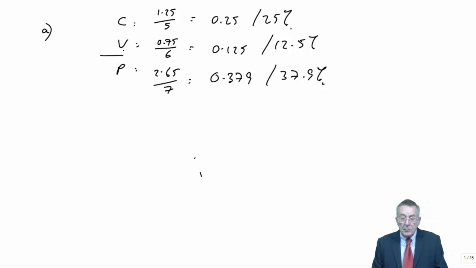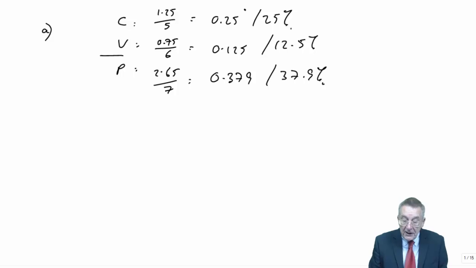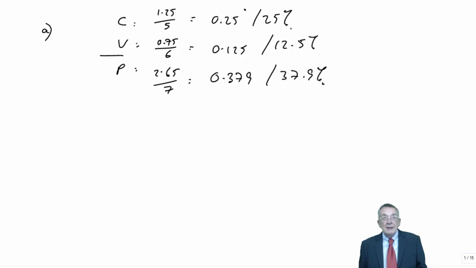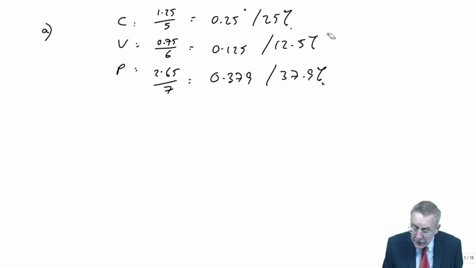Just suppose we only had 2 products, C and V. And suppose we were budgeting that 99% of our sales would be C and 1% of our sales would be V. Well, surely if 99% of our sales were going to be C and only 1% would be V, the overall CS ratio is going to be almost 25%. Whereas on the other hand, if virtually all of our sales were in fact of V and very few of C, the overall CS ratio would be much closer to 12.5%. So it's got to be a weighted average.